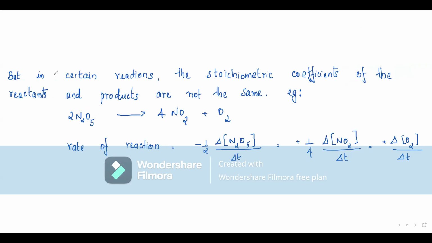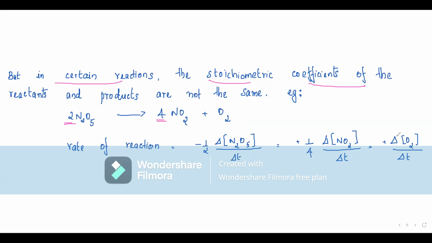Now, the problem is not all reactions are that simple. Look at this. 2N2O5 gives you 4NO2 plus O2. So the coefficients on the reactant as well as the product are not equal to 1. 2 moles of N2O5 are reacting to give you 4 moles of NO2 and 1 mole of O2.